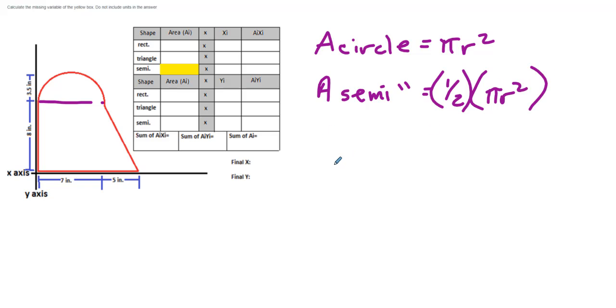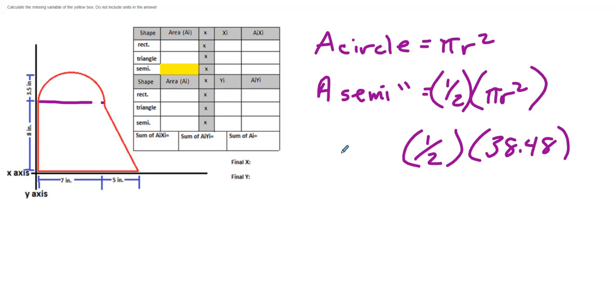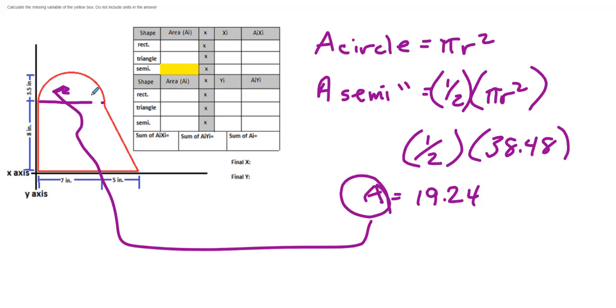So when we take 3.5 and we square it, we get 12.25 times pi is 38.48-ish. Okay, so we get 1/2 times about 38.48, and then that would be 19.24-ish. Okay, so the area of the semicircle is 19.24 inches squared.